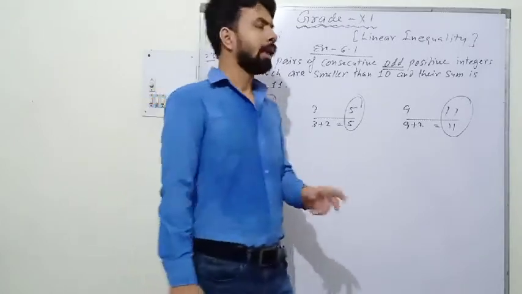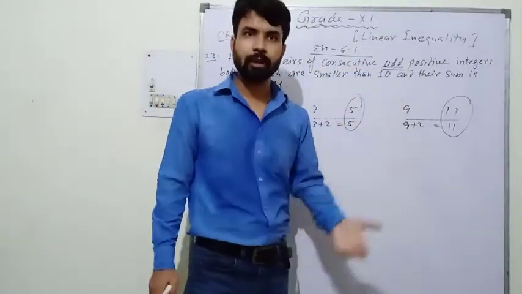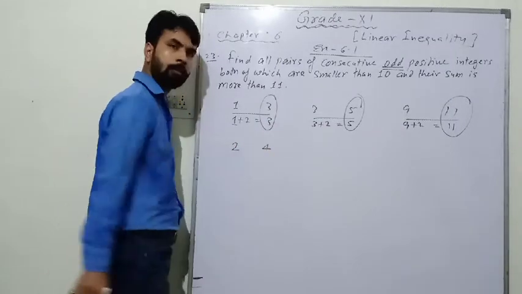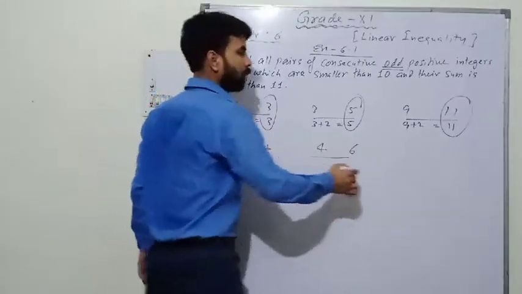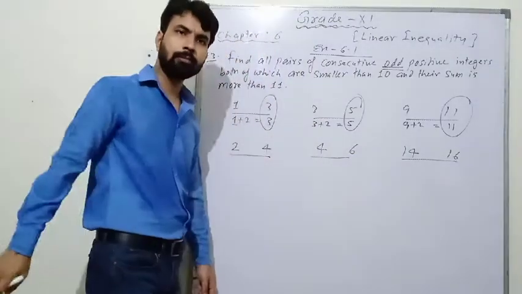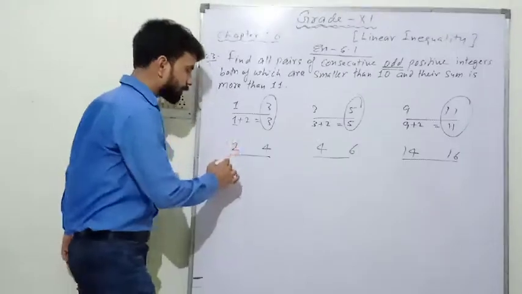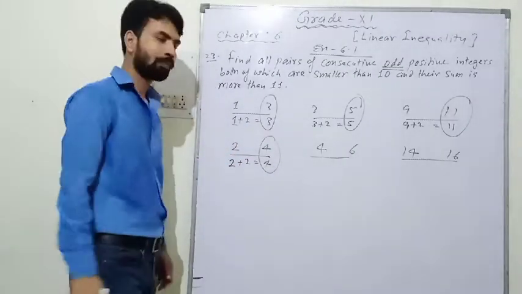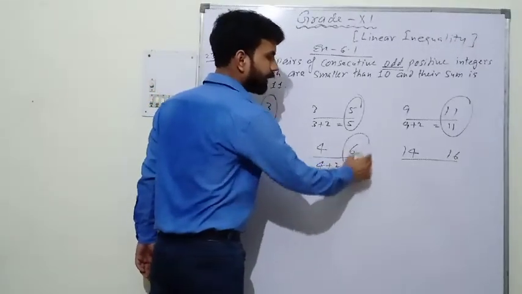Understood? Okay. The next question is asking about consecutive even numbers. So see, consecutive even numbers are 2 and 4, 4 and 6, 14 and 16. All these are consecutive even numbers. Now see, the same approach we will use here. First number is 2. If we add 2, then we get 4 or not? Same. First number is 4. If we add 2, then we get 6.